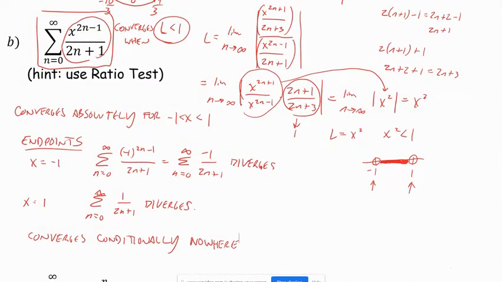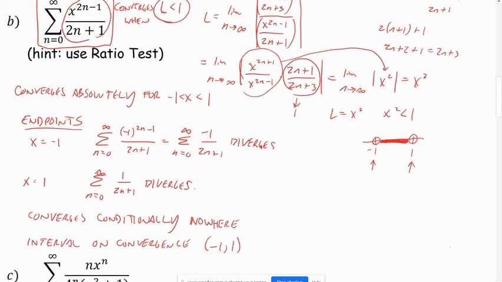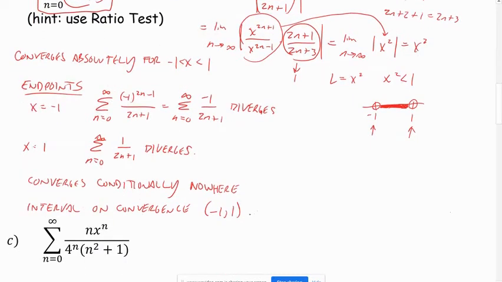And the radius of convergence, so let me write our interval first. So our interval of convergence is from -1 to 1, we said, not including the endpoints. And so that means our radius is half the length of that interval.